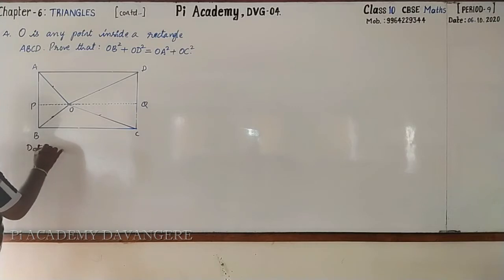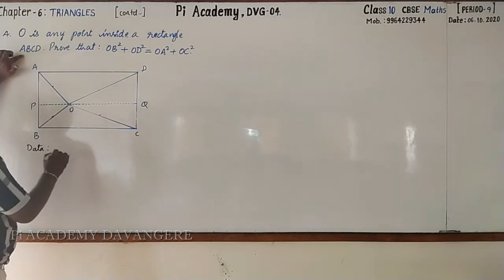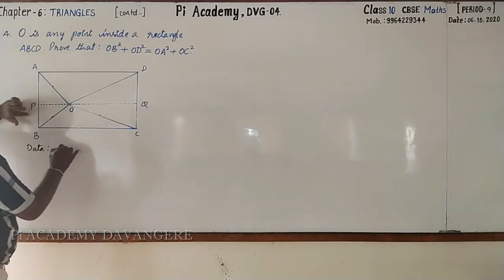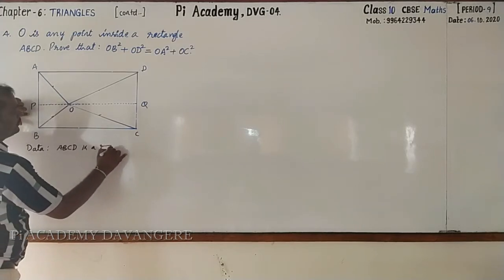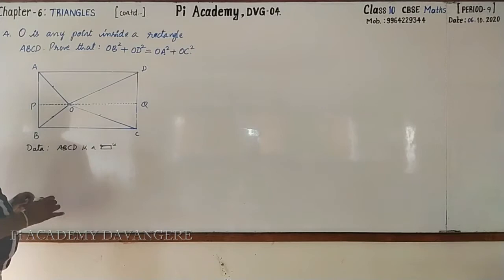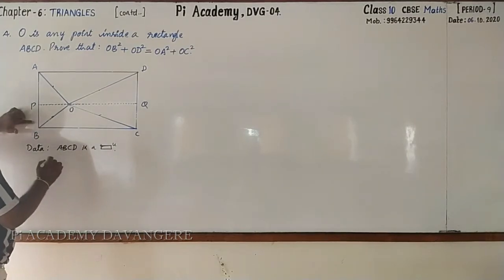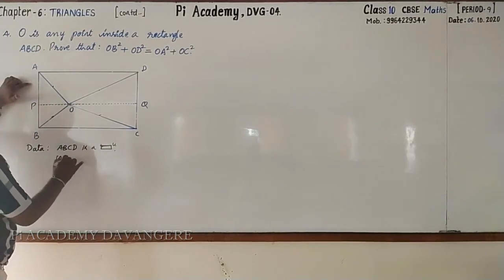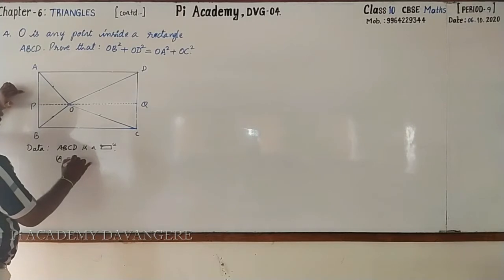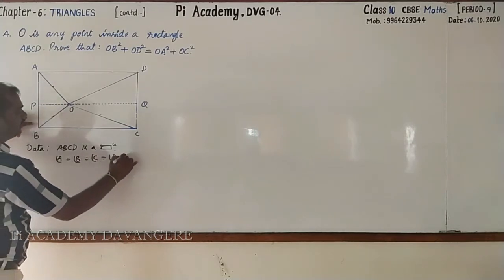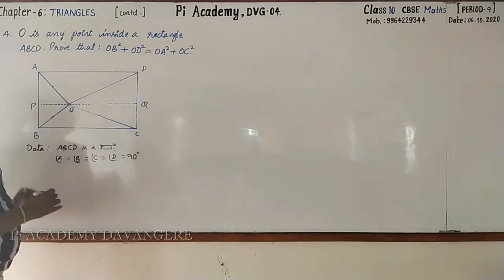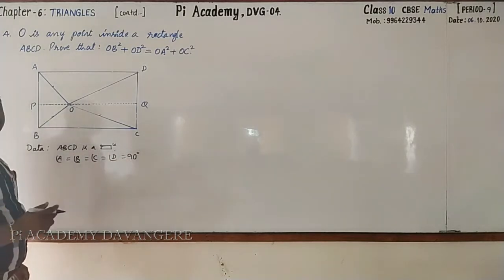Yes, start. Here, they have given ABCD is a rectangle. Next, if it is a rectangle, we know that each angle is 90 degree. Angle A is equal to angle B is equal to angle C is equal to angle D, which is equal to 90 degree. Even opposite sides are equal.